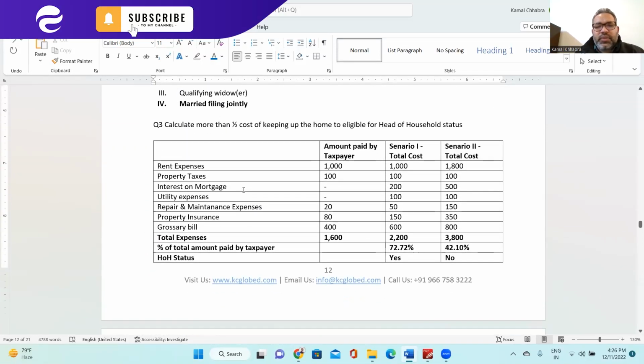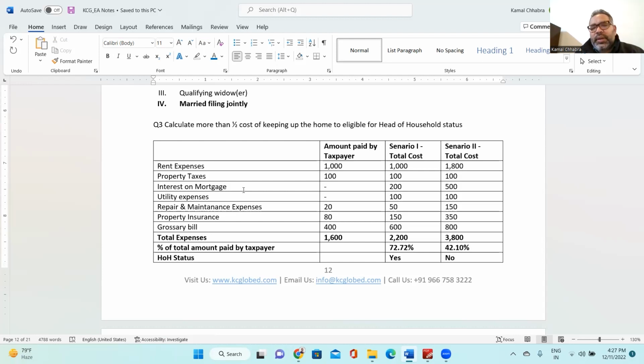If you see column B, which is the amount paid by the taxpayer, there are 2 scenarios. Scenario 1 and scenario 2 each show the total cost of household expense, whereas as a taxpayer you have paid this much from the total expenditure. Let's say there is a rental expenditure in which you and your children live, and you have paid $1,000 rent.